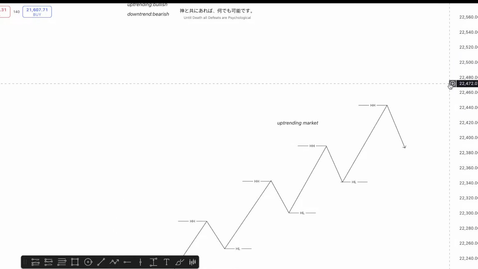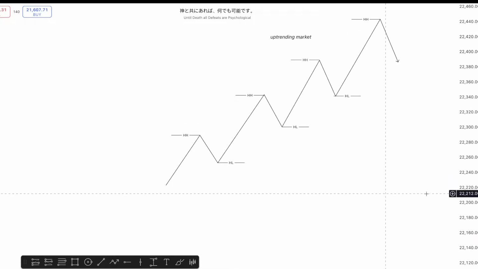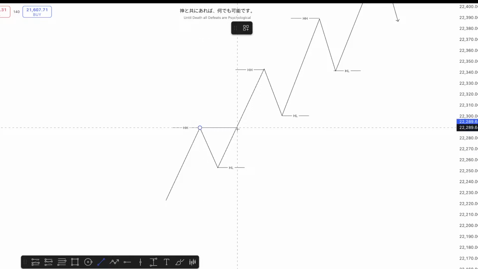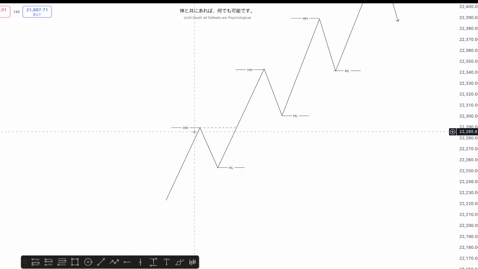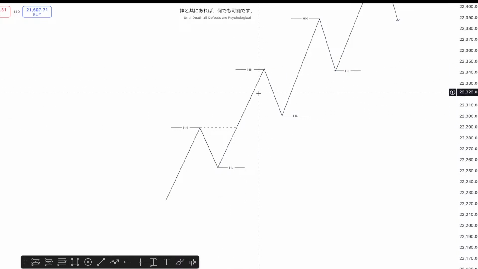So now, there is one more thing that we need to cover, and that is break of structure. Now, when we look at a break of structure, the name in itself, we are breaking something. We're violating something. So, we're breaking through a wall in this case. So, pretend that at this higher high point, when we create a higher high and then a pullback higher low, in order to create this new higher high, the market has to create a high higher than the previous high.